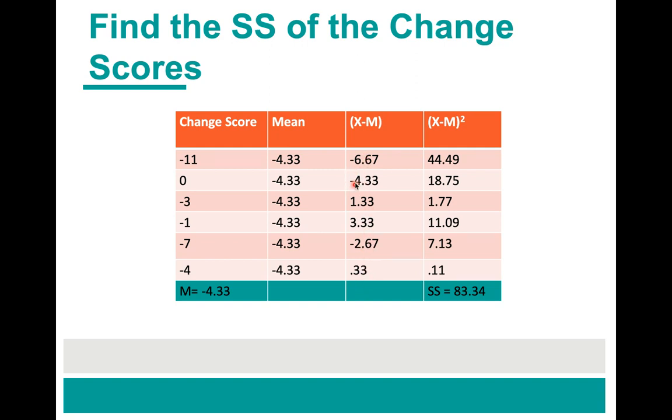I'll obviously change that in the static PowerPoints for you. Sorry. So change score minus mean gives us our difference score. We then square each difference score, and we add them all up to get our sum of squares, 83.34.